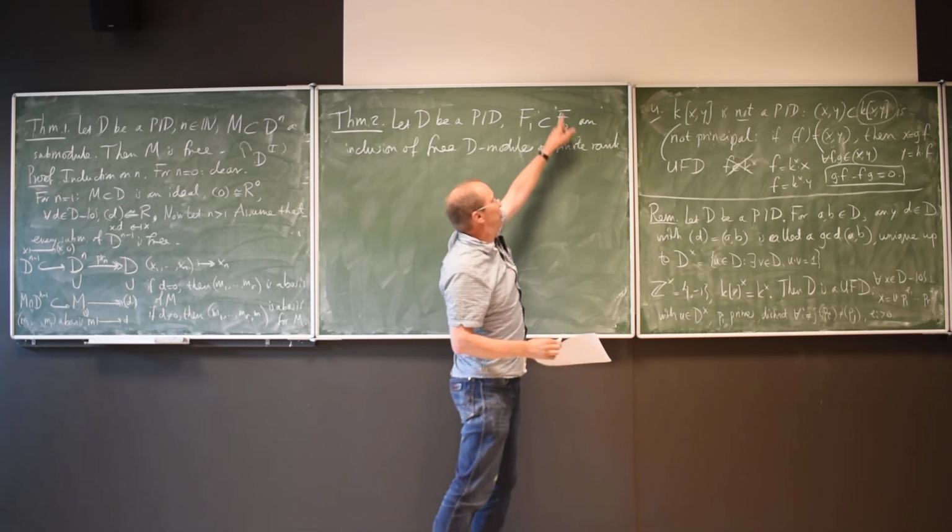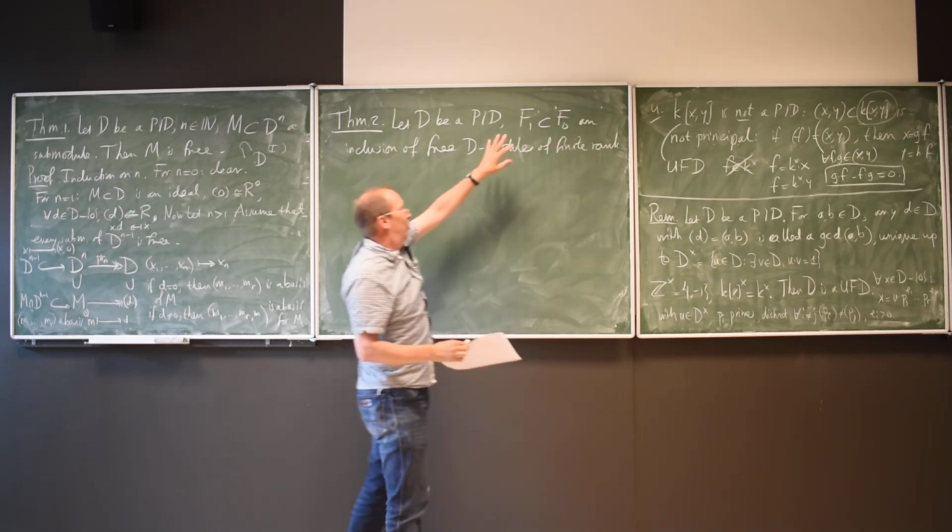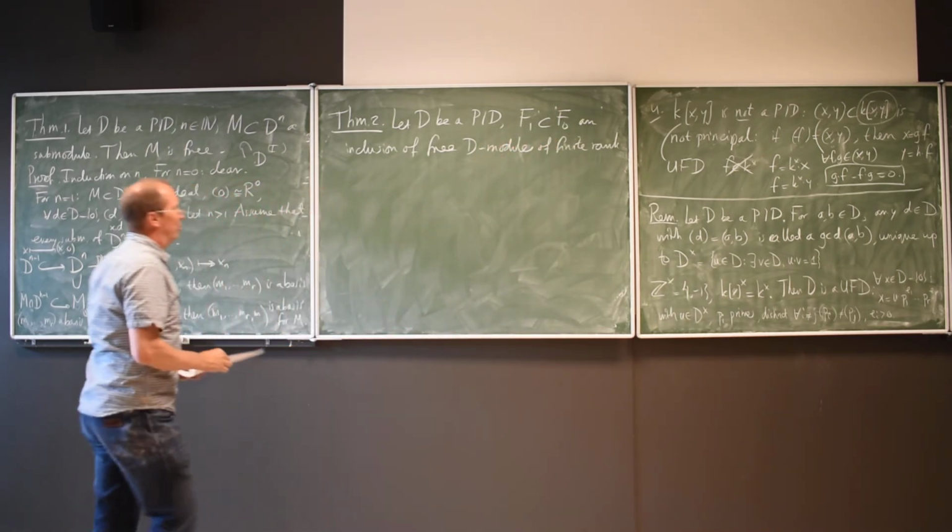This is D to the something, and that is D to the something, and both somethings are natural numbers.